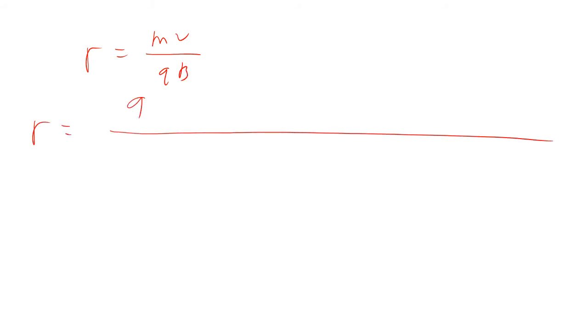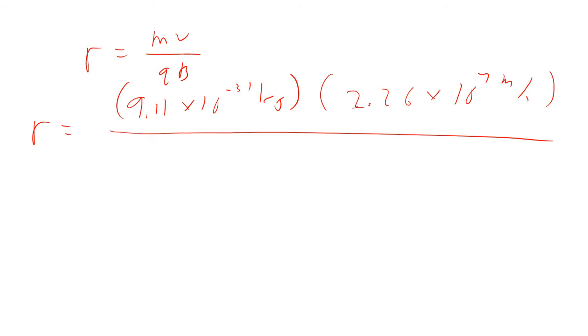And so now we're ready to find the cyclotron radius, mv over qB. So the cyclotron radius is 9.11 times 10 to the minus 31 kilograms times this velocity we just calculated, 2.26 times 10 to the 7 meters per second, divided by 1.602 times 10 to the minus 19 coulombs.